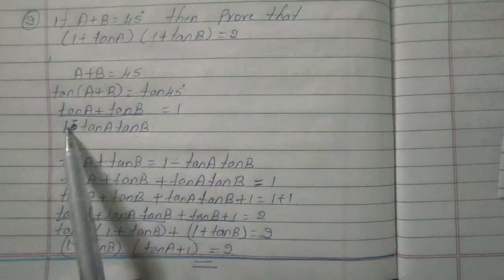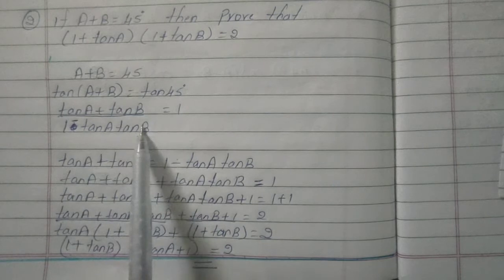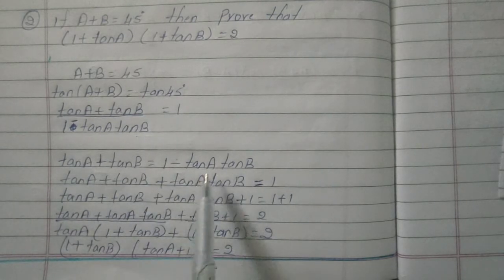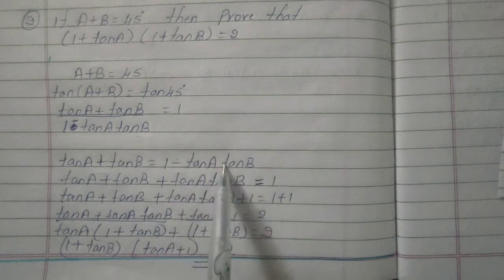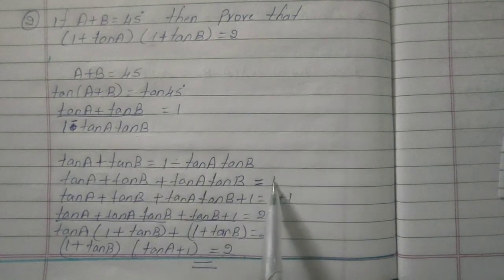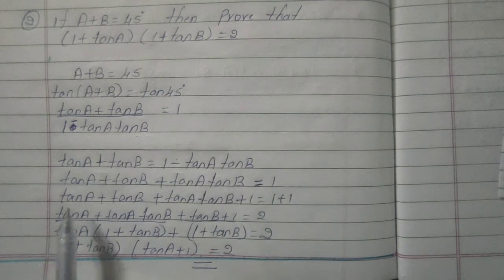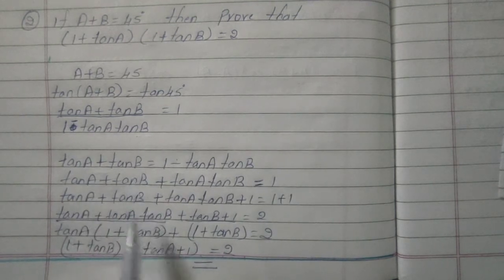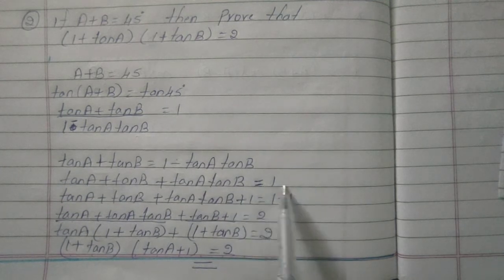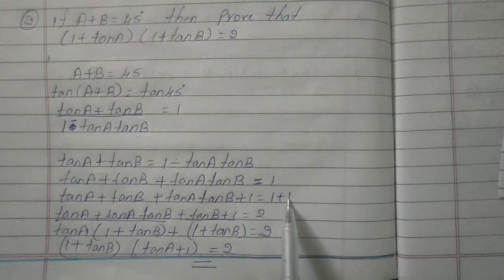So 1 into (1 minus tan A tan B) is nothing but 1 minus tan A tan B. Now this tan A tan B I will transpose to the left side, it will become plus tan A tan B, right hand side is equal to 1. Now tan A as it is, tan B as it is, plus tan A tan B as it is, on both left hand side and right hand side I am adding 1.